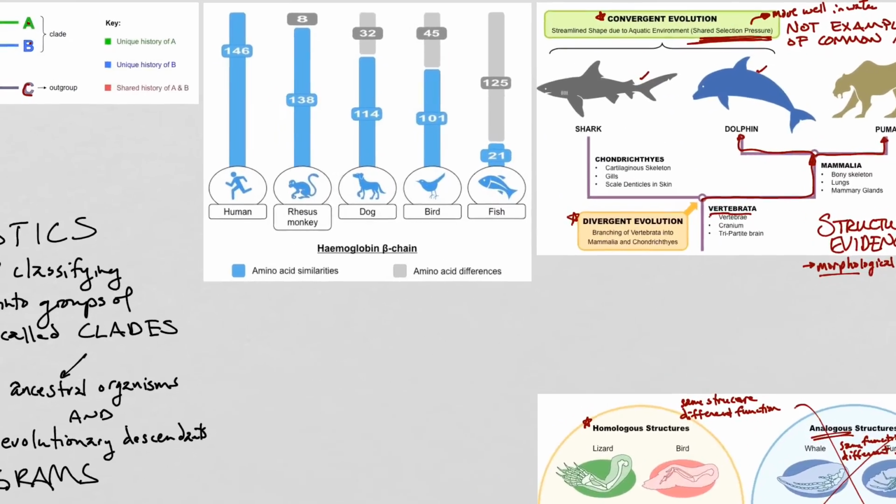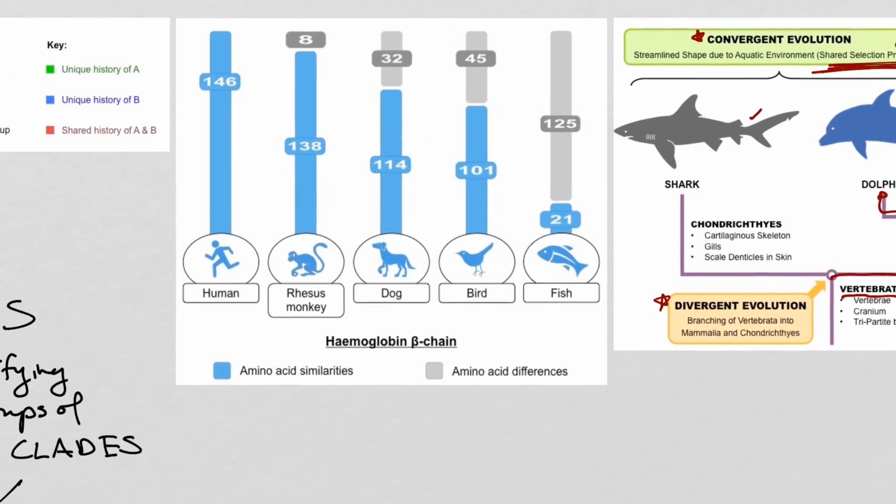So finally, last thing is, another piece of evidence that can be used to make a cladogram is molecular evidence. So what we can do is we can look at the structure of certain molecules and we can make a determination about how things are related by how similar these molecules are to each other.